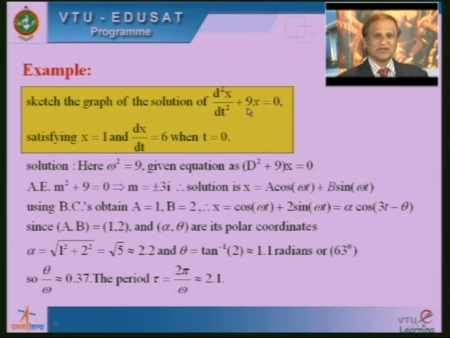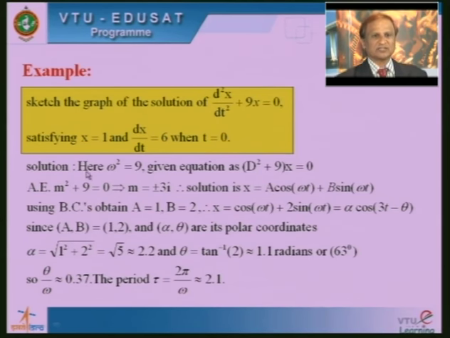Instead of omega square, suppose we replace it with some constant, say 9. So, how can we obtain the solution of this type of differential equation, satisfying x is equal to 1 and dx by dt is equal to 6 when t is equal to 0? Friends, as usual, we can obtain the solution here.